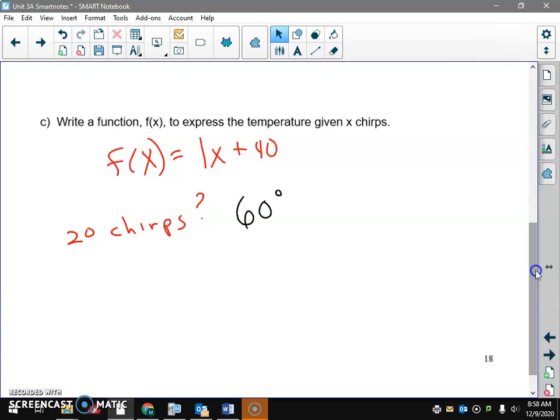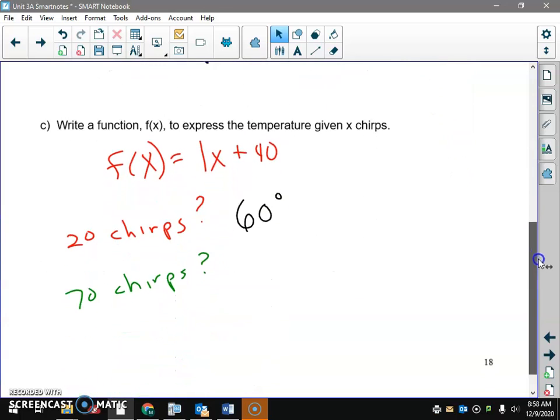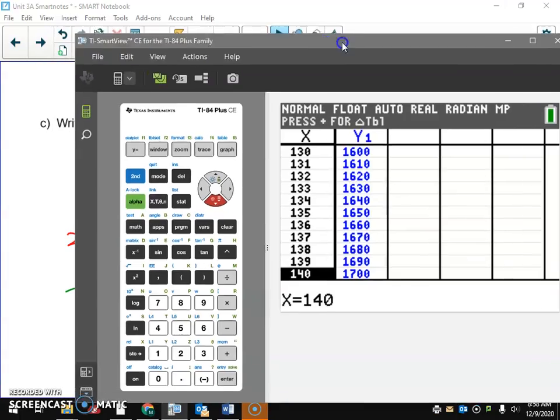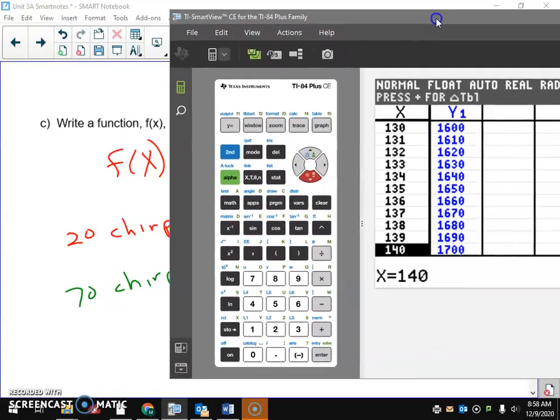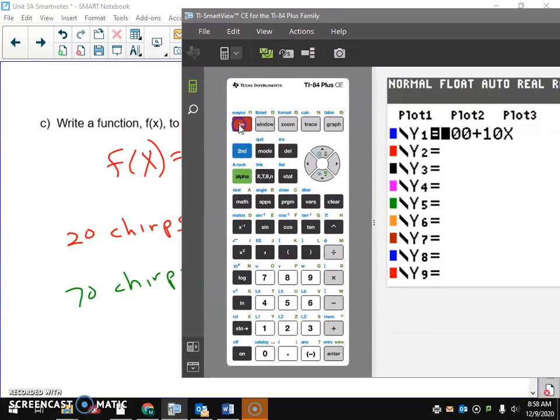Let's say on the other hand we heard 70 chirps. I don't know, that might be crazy. Well, 70, is it on our graph, or is it on our table? It's not, so we got to go to our calculator. So let's do that real quick. Let's plug in our equation, which is 1x plus 40.